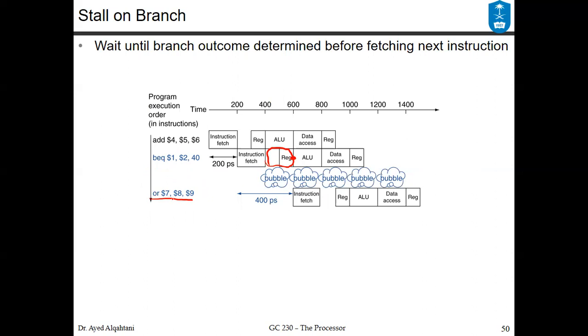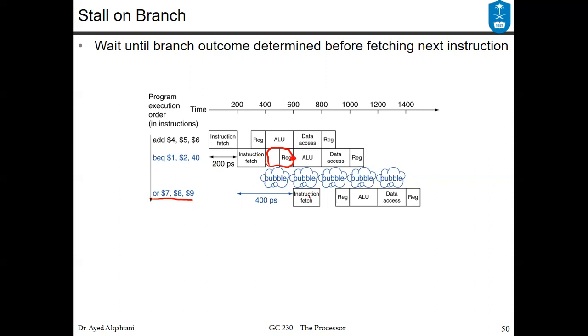Is it the next instruction, or is it the first instruction of the target address? You can start it only at the end of the decode stage of the branch instruction, because at this point, you know exactly what is the outcome of the branch. Do you branch or not? This means that you know whether you branch or not at the end of this decode stage.